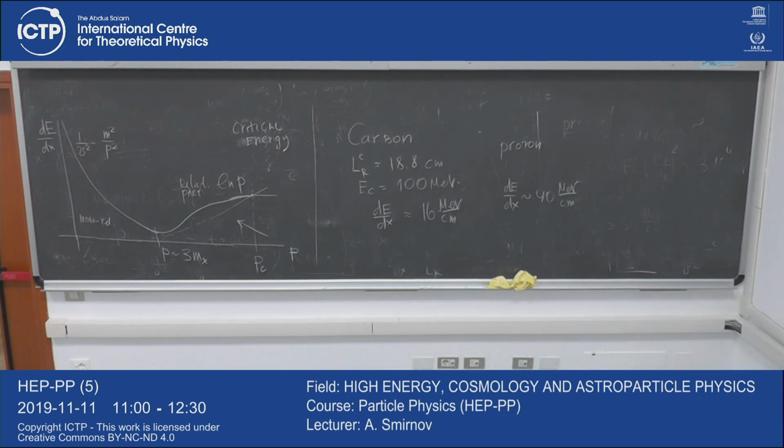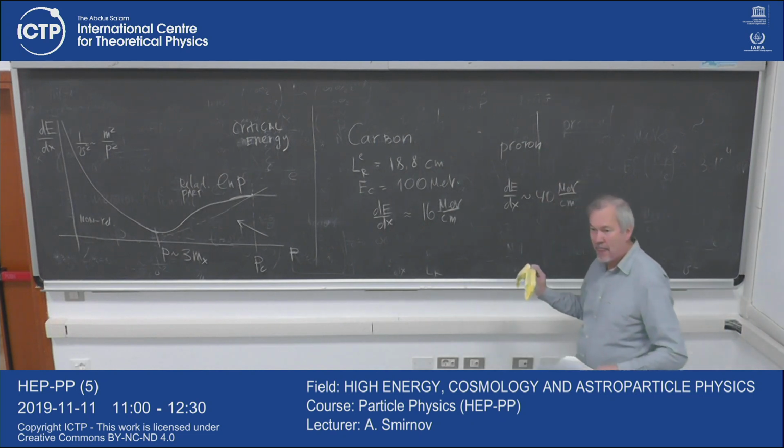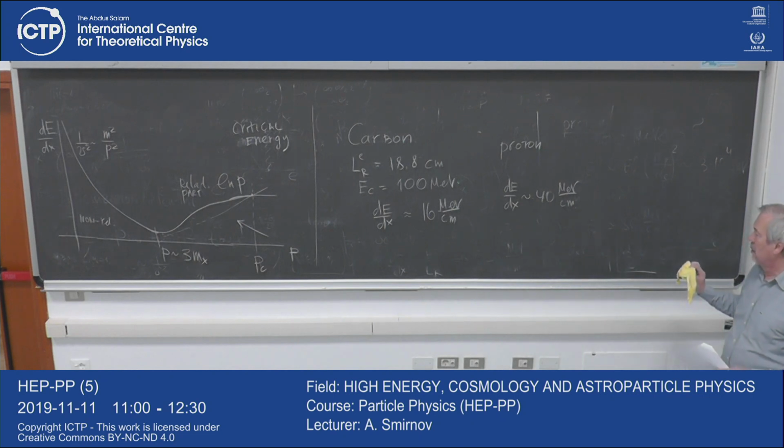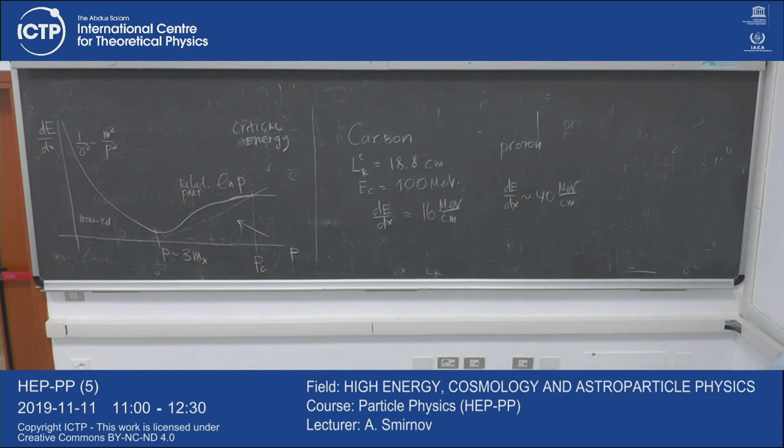So if you have light materials, then the energy loss of electron and proton become comparable. So here the proton is losing energy more rapidly than the electron. So it means that it is not always true that the proton will lose energy less rapidly. Yes, it's not always.